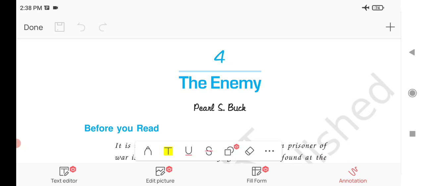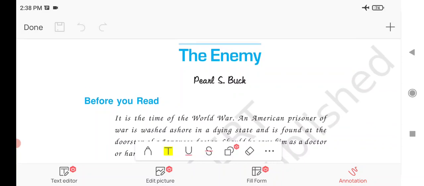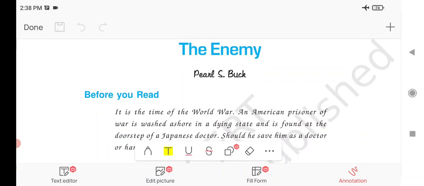Her Chinese name is Sai Zhanzu. And being the daughter of missionaries, she was awarded the Pulitzer Prize in 1932. And yes, she was also awarded the Nobel Prize in Literature in the year 1938. So indeed, this is a very great achievement.